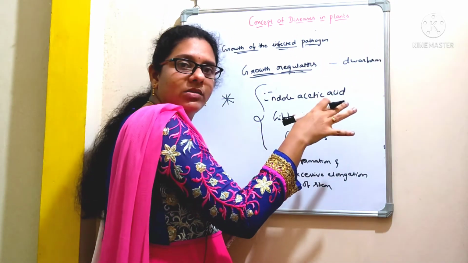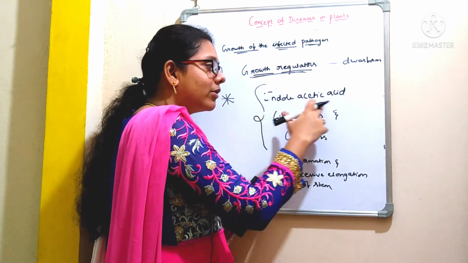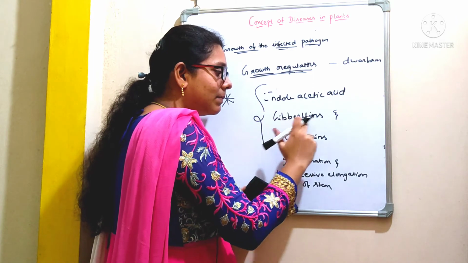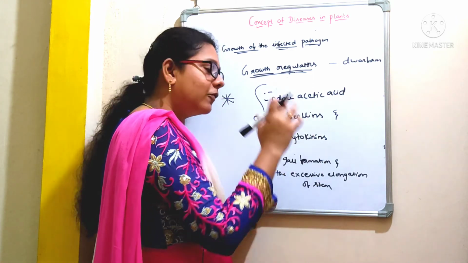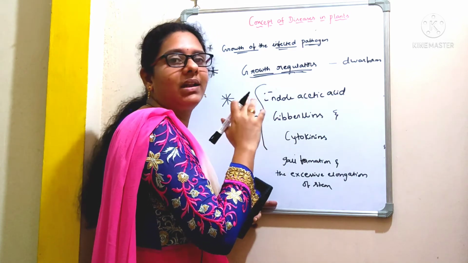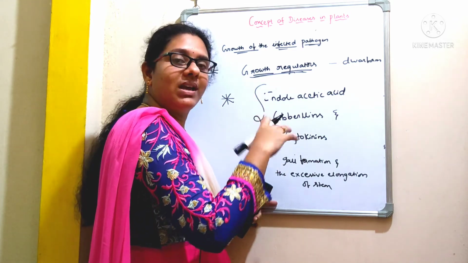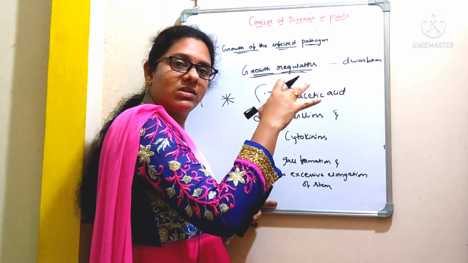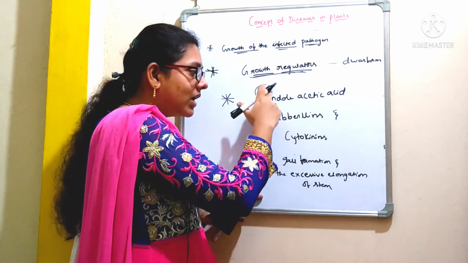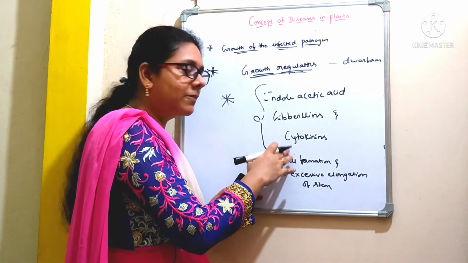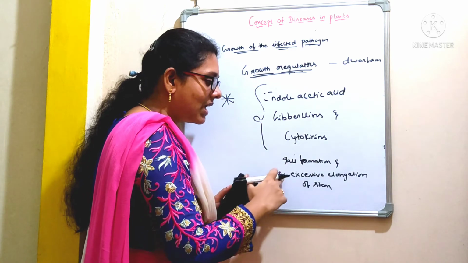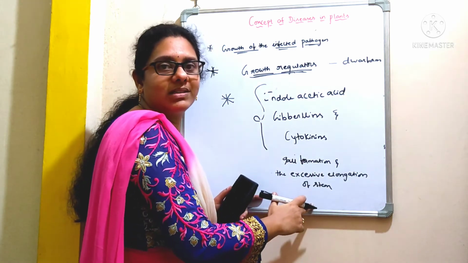Whereas some plant pathogens are also capable of producing these plant growth hormones. Of course, these plant growth hormones are required by the plant, but only up to a certain level. If their concentration exceeds or if their concentration is very low, that creates a problem in the plant system, right? So if their concentration is not regulated, if it is more, then we can see gall formation and excessive elongation of the stem.